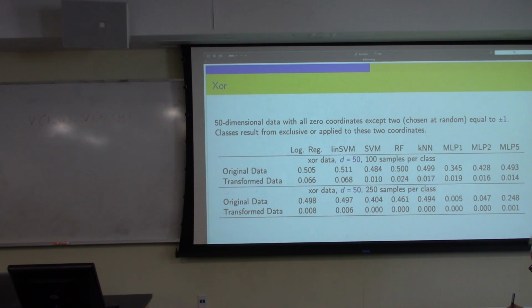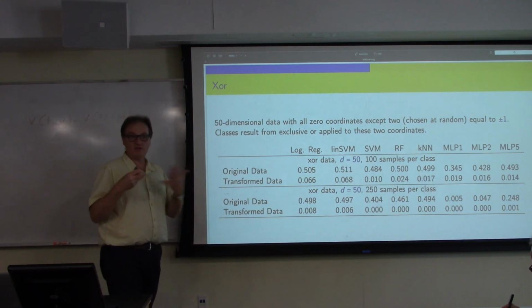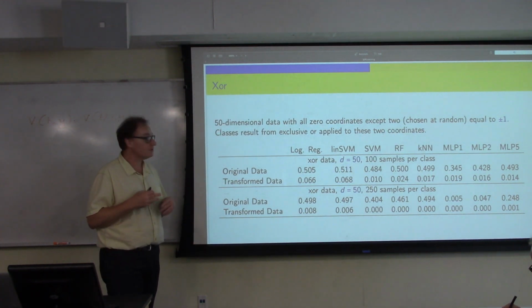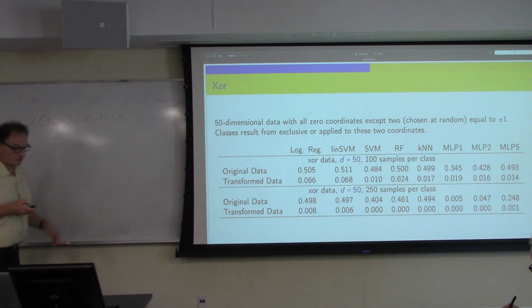And I'm not claiming that this is the absolute best that each classifier does. I took these parameters; if you work specifically with a multi-layer perceptron, you may find a better way to solve this problem. It's a very simple problem after all, but this is just using the parameters that I described.